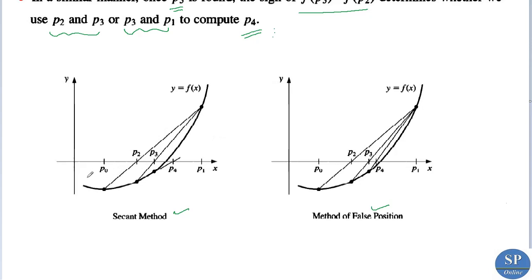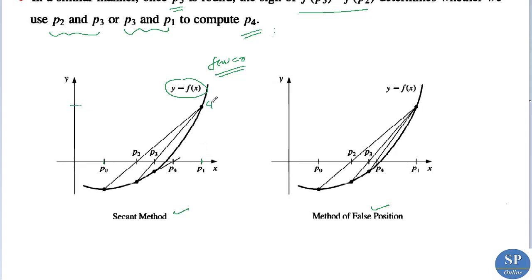Here, in secant method we already discussed that if this is the graph of the function y equal to f of x, our aim is to find the approximate root of f of x equal to 0. So if you are taking P1, P0 is this and P1 is this point. So first to find P2, we are just finding the value of f of P1. So f of P1 will be this.